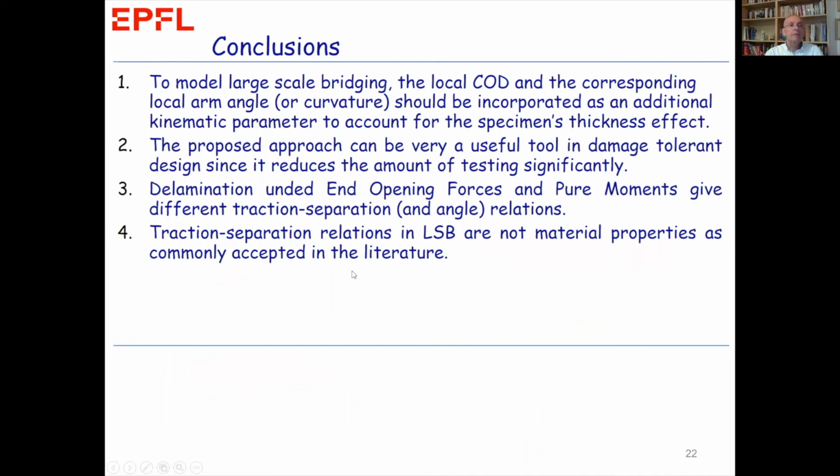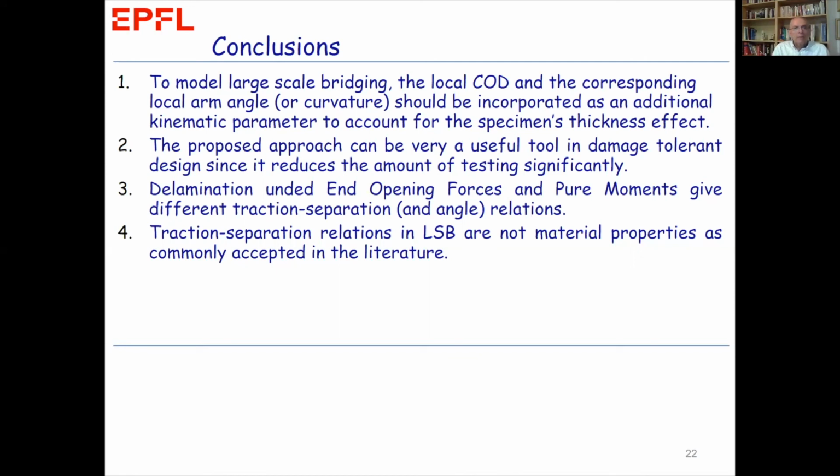And this brings me to the conclusion. To model large-scale bridging, the local COD and the corresponding local angle should be incorporated as additional kinematic parameters, especially the angle, if we want to account for the specimen thickness effect. The proposed approach can be very useful in damage-tolerant design, since it reduces the amount of testing significantly. In fact, you need only a single test, and then you can come up with traction separations for any thickness.